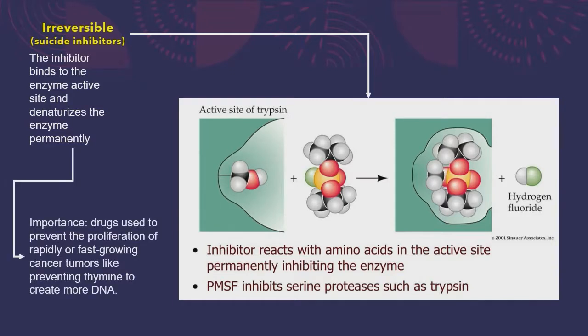An example of this, or the importance of this, will be in the manufacture of drugs that are used to prevent the proliferation of rapidly or fast growing cancer tumors, like preventing the thymine from creating more DNA to produce those tumor cells. So this is one important aspect for understanding irreversible or suicide inhibition.